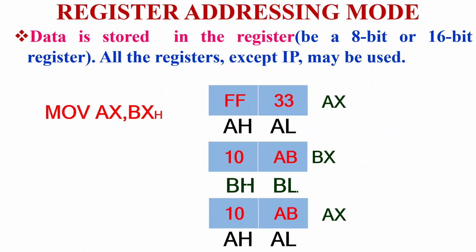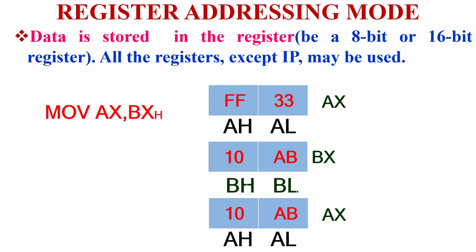So for example, I have given here MOV AX, BX. Here the content of the BX register has been given to the AX register. Here AX is the destination register, whereas BX is the source register. Assume the content of AX is FF33, whereas the content of BX is 10AB.